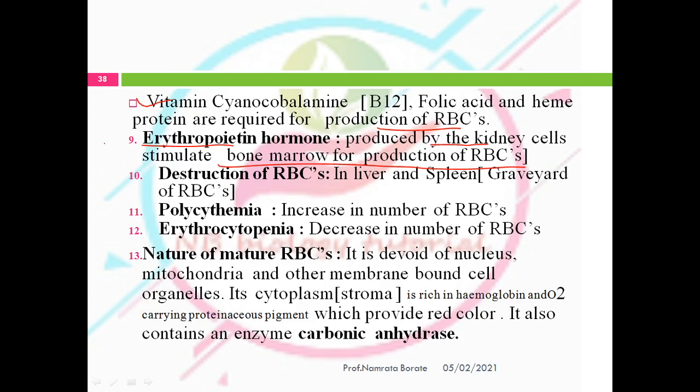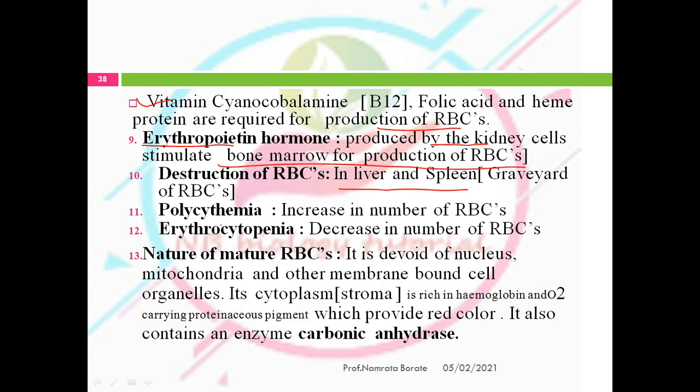After completing the lifespan period, that is, after the 120 days, the RBC dies. The destruction of the RBC takes place in the liver and the spleen.